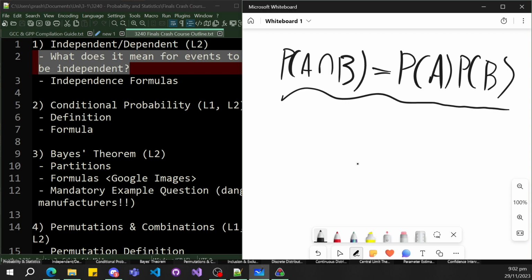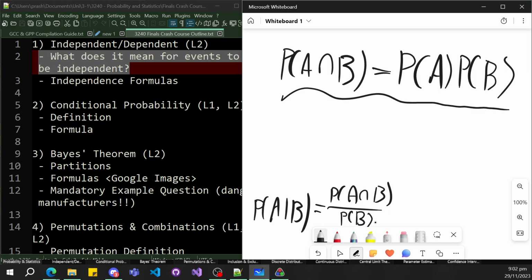You may have also seen another formula going around. I think this is the Bayes' theorem one, where you've got this. This formula also exists. If you try to sub this into here, you get two different formulas that still mean the exact same thing. You can also use those to check for independence.